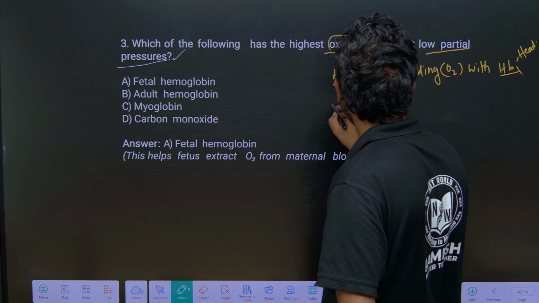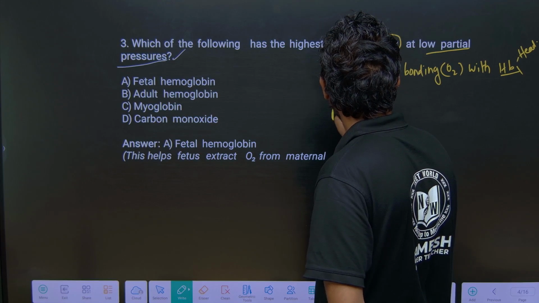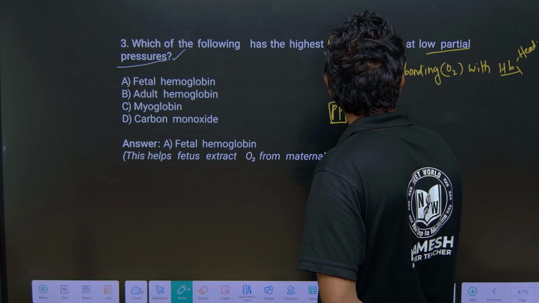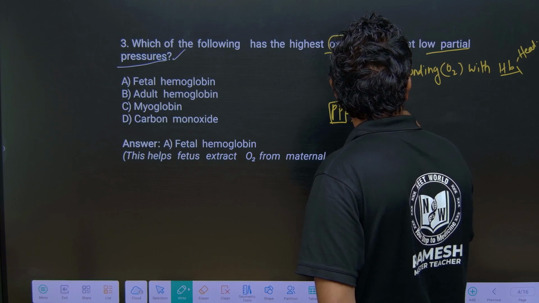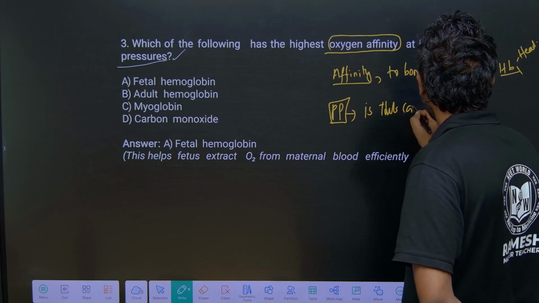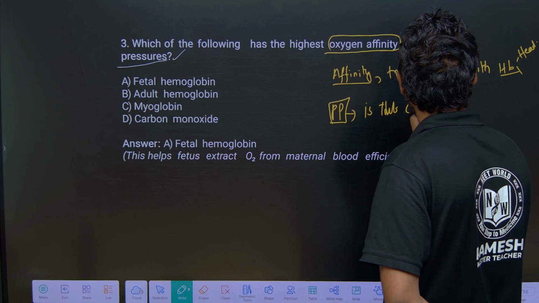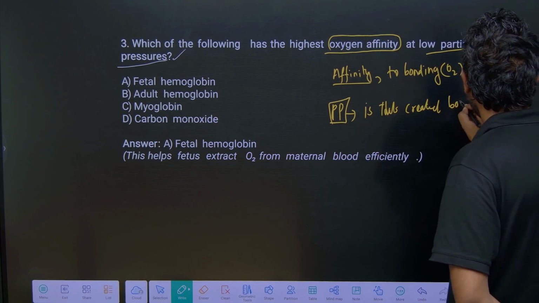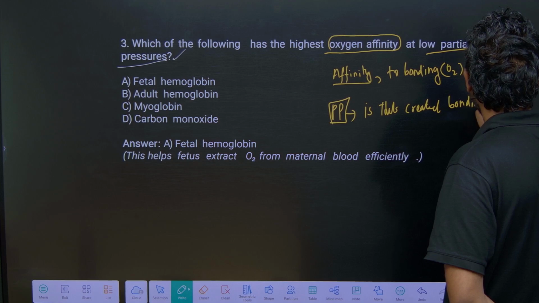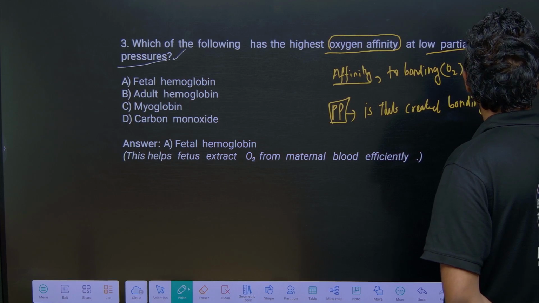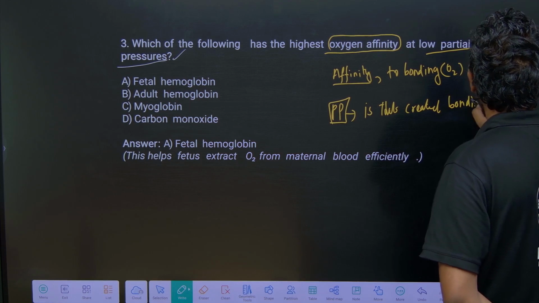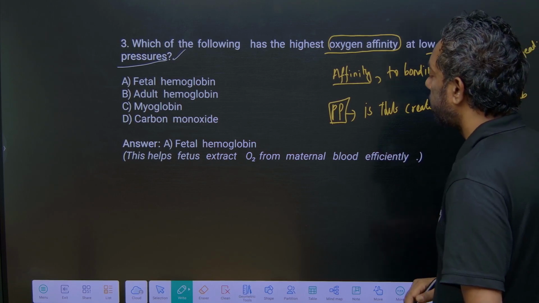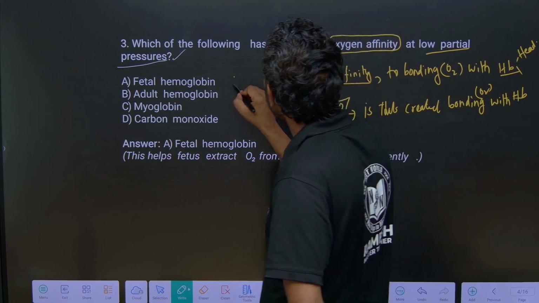What is partial pressure? Partial pressure is created by the bonding of oxygen with hemoglobin.